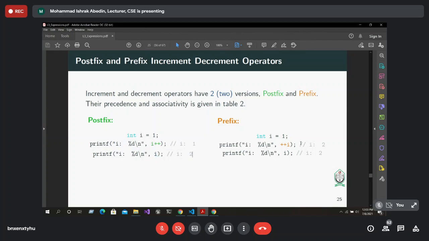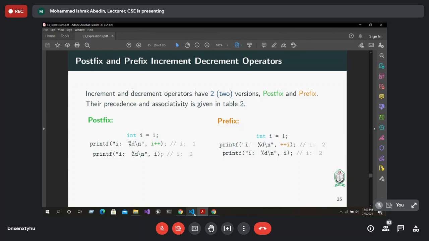However, if you are using the prefix increment, which is placed before the variable, like plus plus I, what will happen? The value of I will be incremented first, to 2, and then 2 will be printed. And if you call it again, it will still print 2.